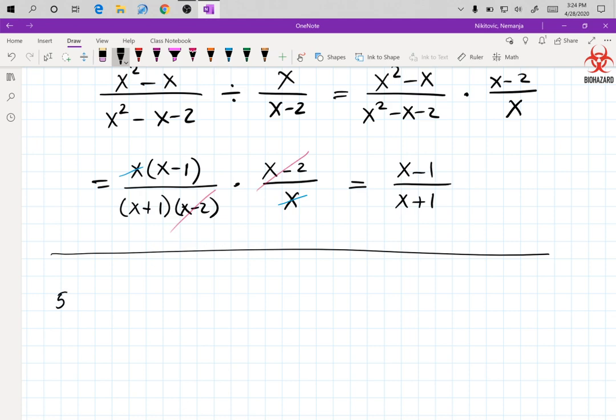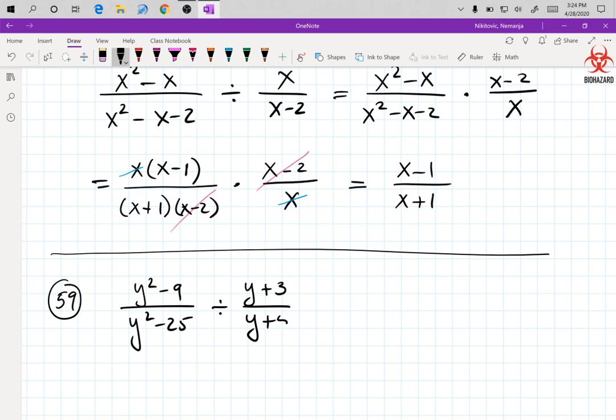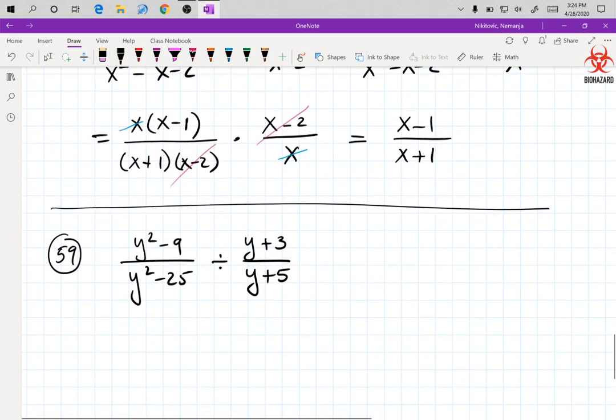This problem 59 says y squared minus 9 over y squared minus 25 divided by y plus 3 over y plus 5. Okay, not an issue. All I need to do is to flip into multiplication. So our step is always to flip into multiplication.